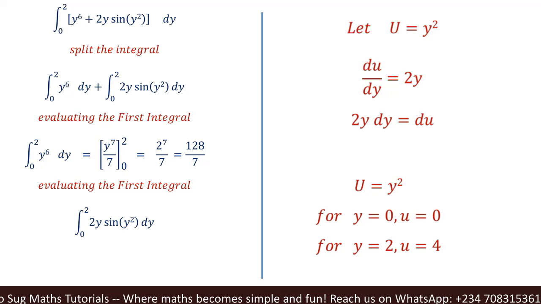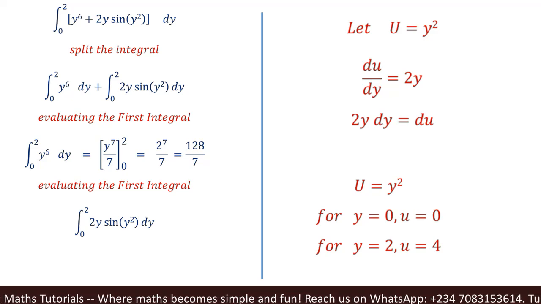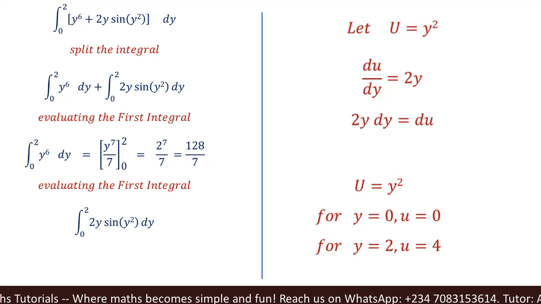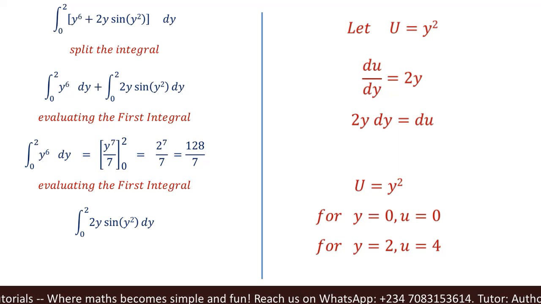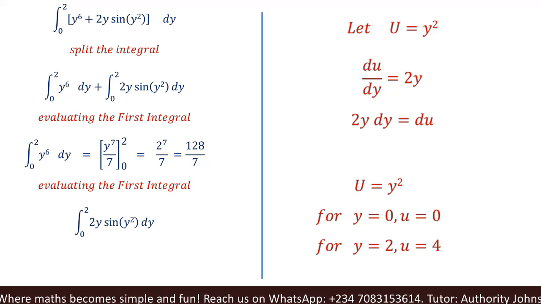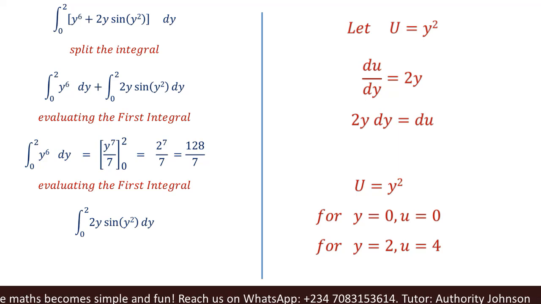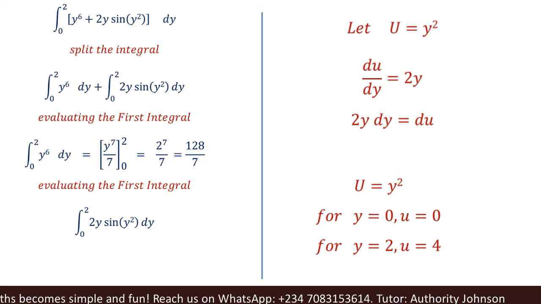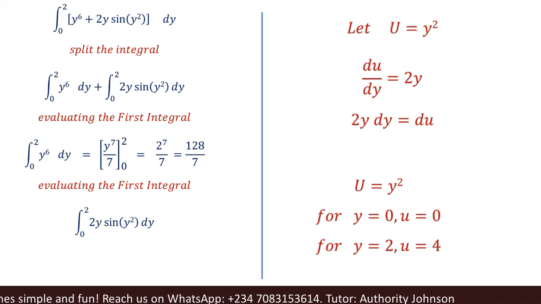So the integral with respect to y that has the boundary from 0 to 2, when we change the variable y to u, the new boundary will change from 0 to 2 to 0 to 4 for u. Are we together? And this is how we got this.